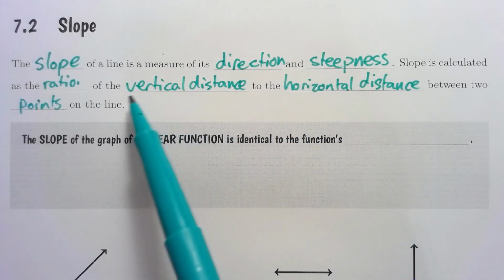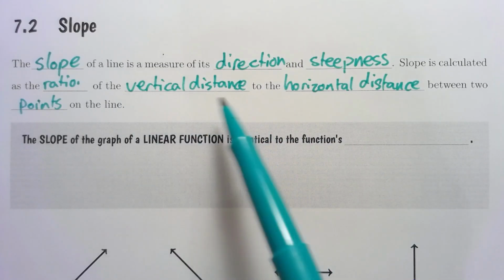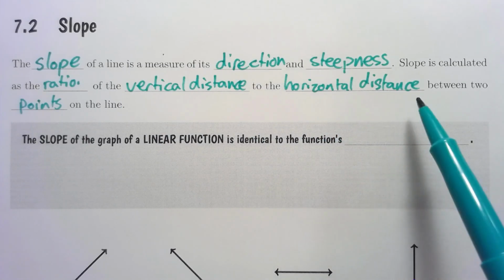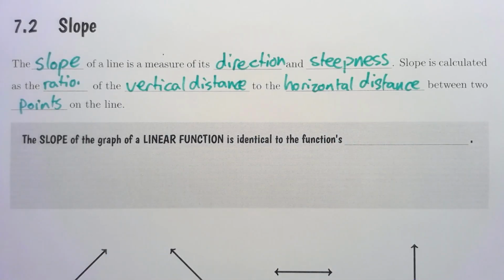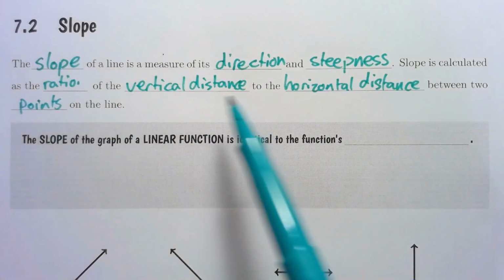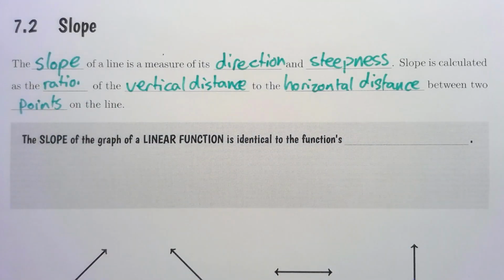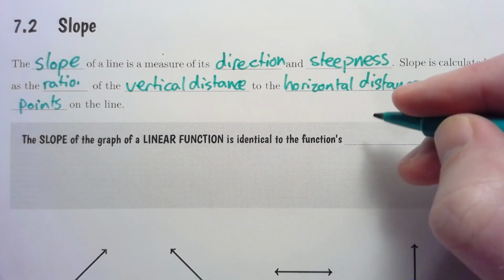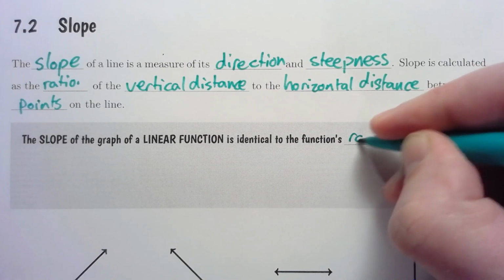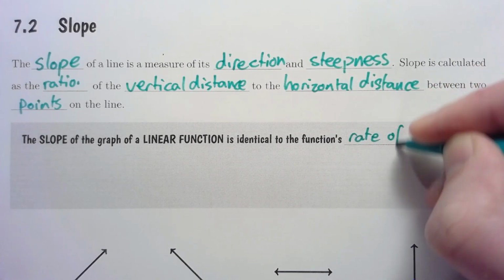So really, this is the change in the output and the change in the input. Well, hang on, we already have something that is the ratio of the change in the output to the change in the input. So it turns out that the slope of a graph of a linear function is identical to the function's rate of change.